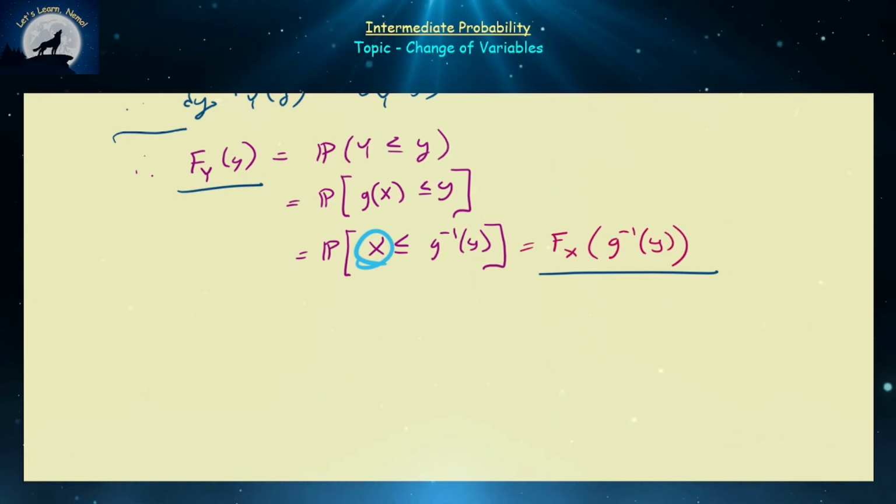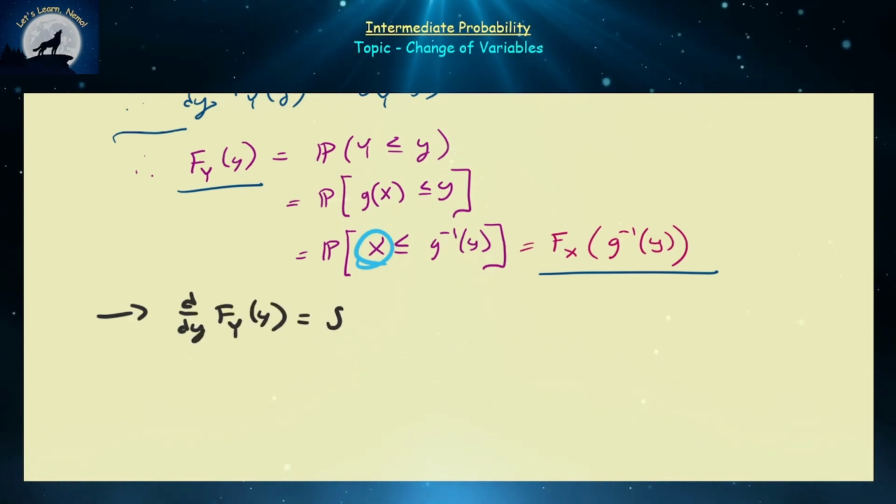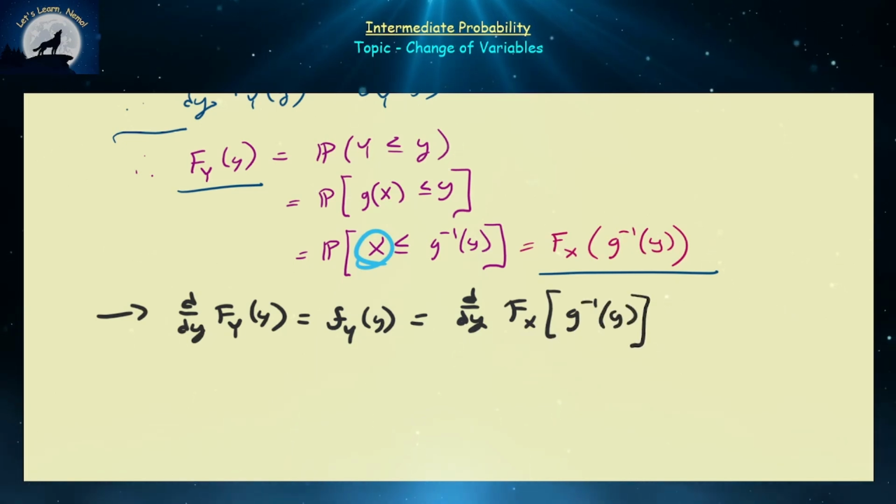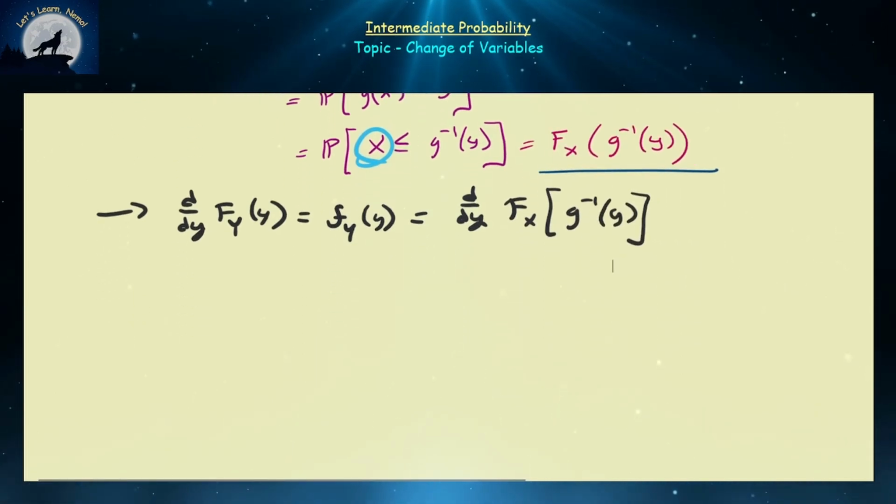So if we differentiate both sides of this expression with respect to y, we're going to have d/dy of F_Y(y), which is of course f_Y(y), equal to the derivative with respect to y of F_X of g inverse of y. And then what do we have? This is going to be a composition of functions.